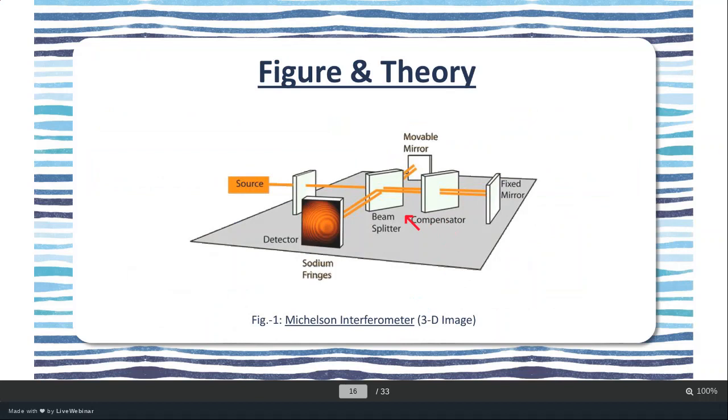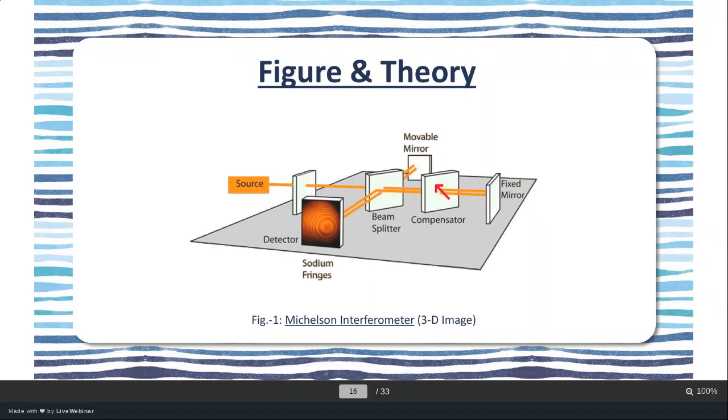Okay, so this is the setup of a Michelson interferometer. This here is a source. The source is where the light beam is coming from, and this is what we call a beam splitter. What the beam splitter does is that it reflects a part of the light ray along a different path, and transmits a part of the light ray in the normal direction, towards this fixed mirror.